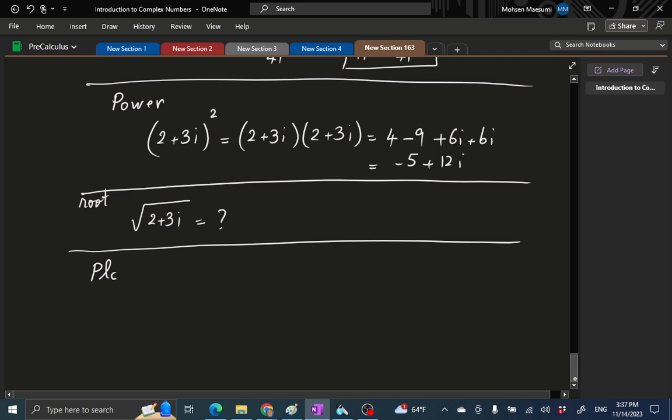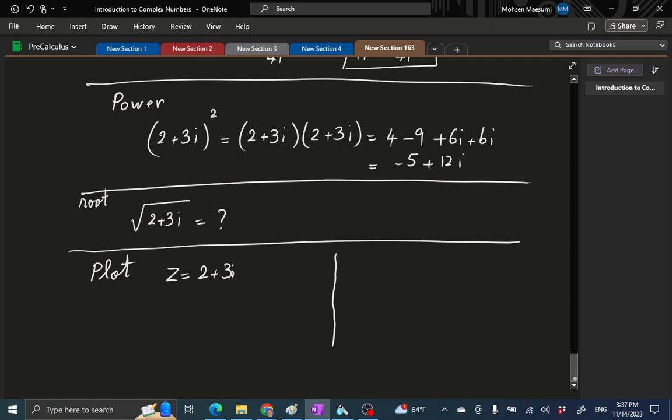How about plotting a complex number? Suppose I want to plot 2 plus 3i. As we just mentioned, we borrow our Cartesian plane. The horizontal is going to be referred to as the real axis. This is where the real numbers go, and vertical is going to be the imaginary axis.